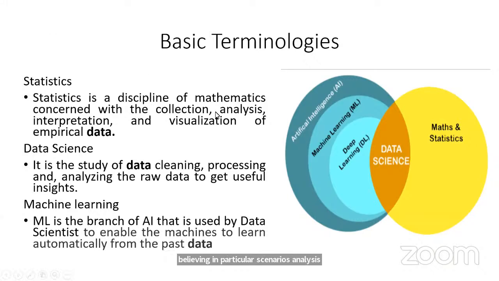Analysis means you are finding some relationship between the data. Finding the relationship, and then interpretation, giving some conclusion on the data. Like these two variables are interrelated with each other. And finally, the visualization. Visualization means you are showing in terms of graphs, in terms of pictures.